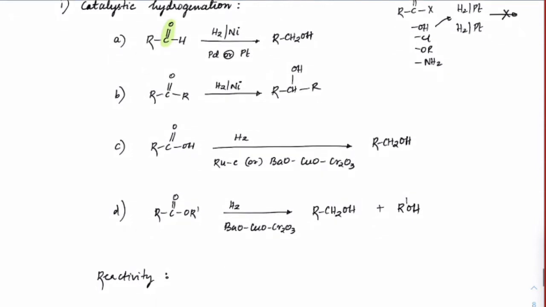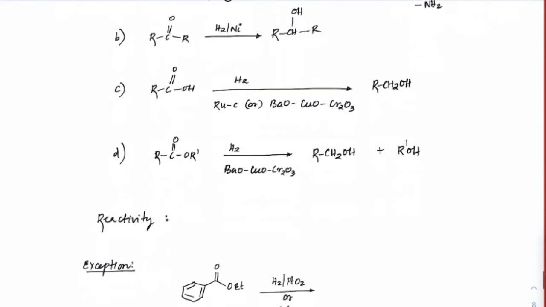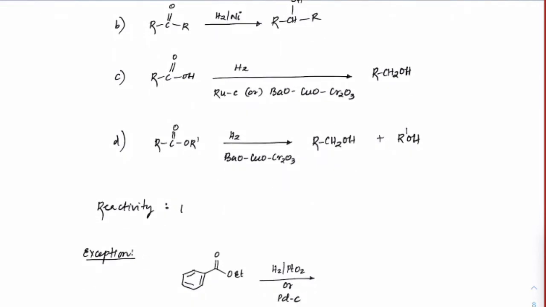Overall catalytic hydrogenation, you have learned this in alkenes and alkynes also. If you check out the reactivity, ynes are the most reactive and then enes are more reactive. Enes which are less substituted are more reactive. The more the substitution, the less the reactivity of alkenes.